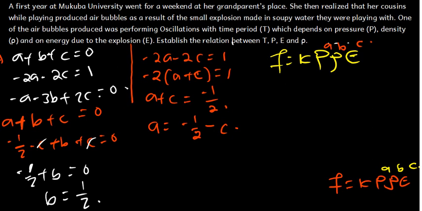Okay. Now after finding that the value of B is equal to 1 over 2, what next? We have found the value of B, but we also need the value of C and the value of A. So we can go to the next equation, which is the third equation.